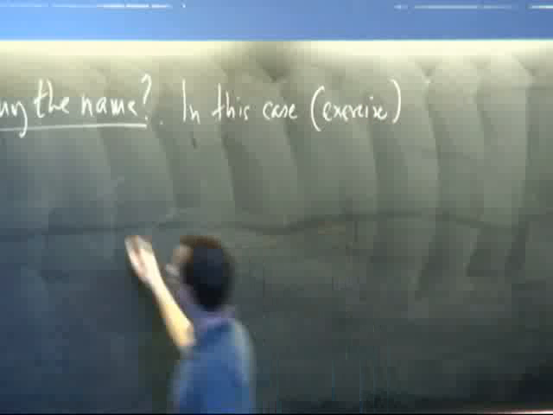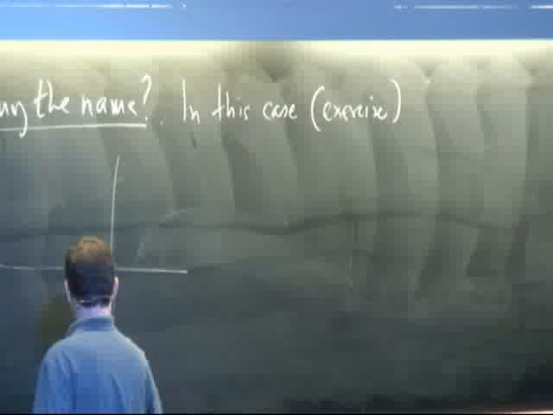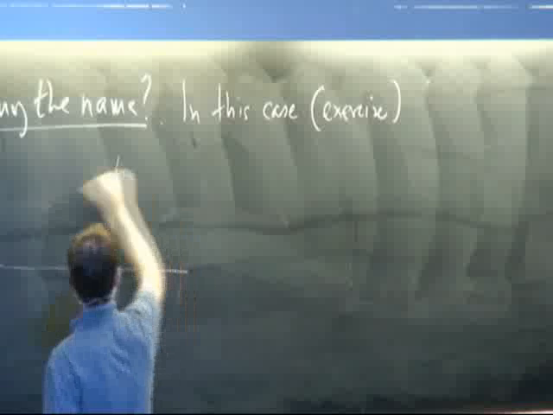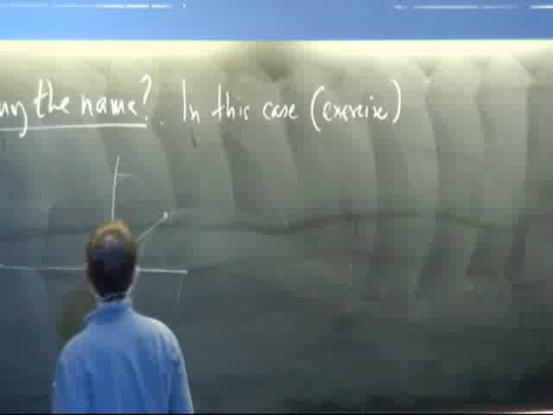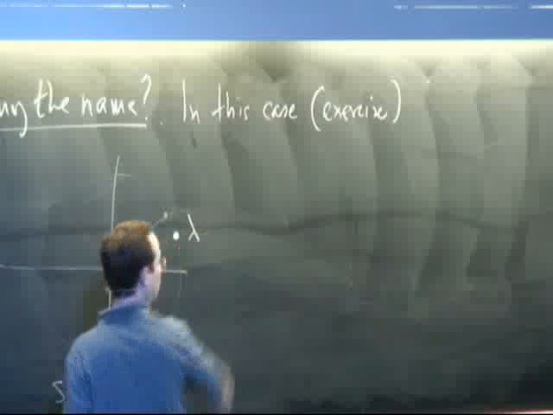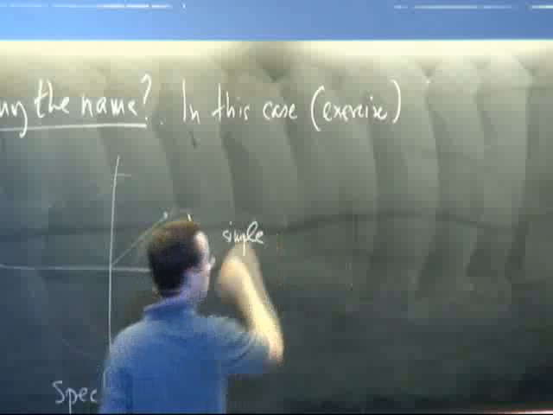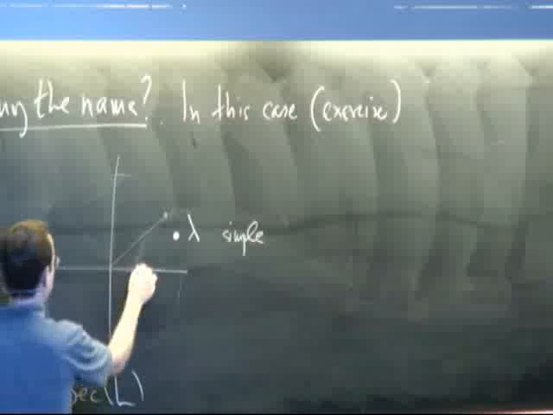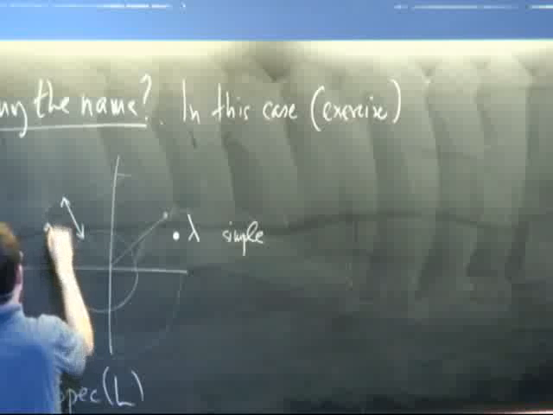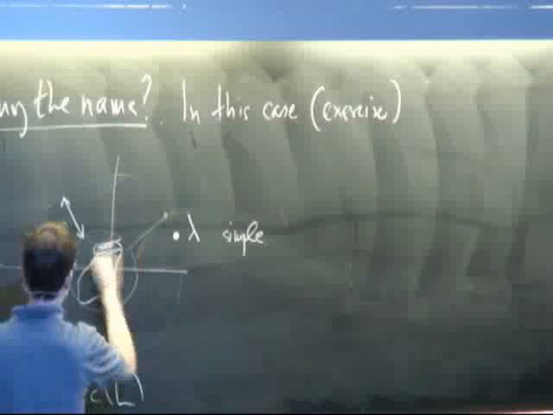In this case, the spectrum looks like this. This is the spectrum of L. The spectrum is always enclosed in this disk of this size. There will be a single eigenvalue, which is simple. And then there will be a gap. And the rest of the spectrum will be inside.